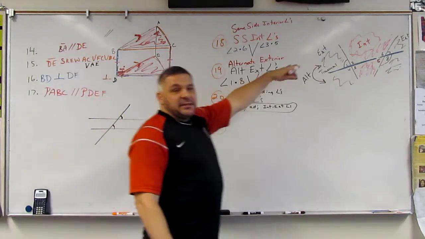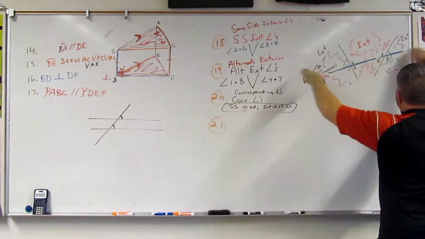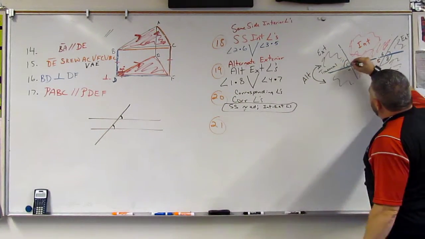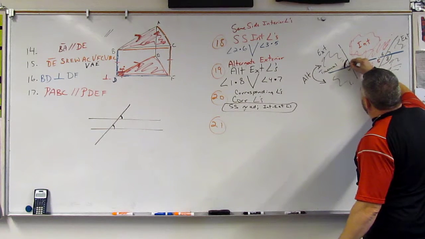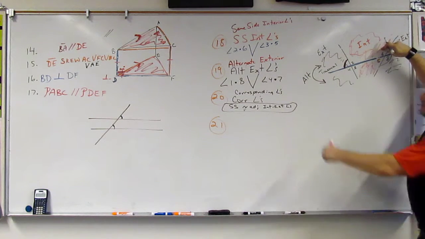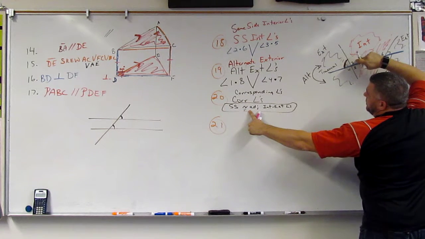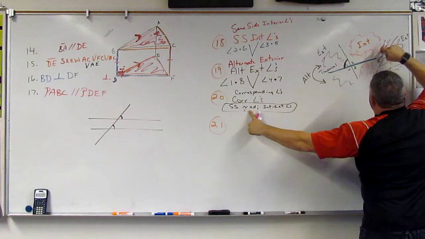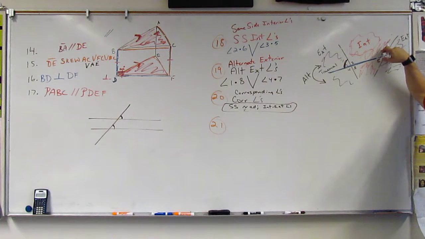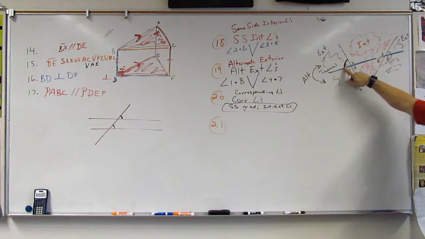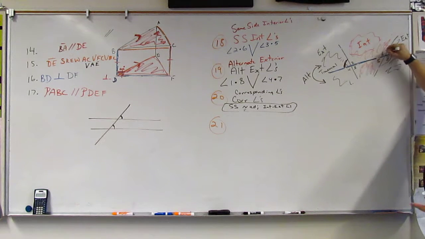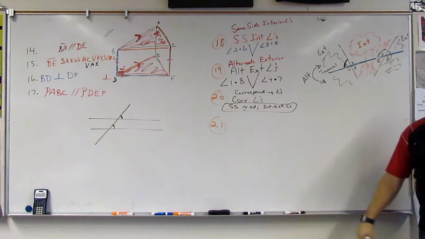Now in this case, the transversal goes this way, right? So if I'm going to be talking about this guy, number one, I need to be talking about on the same side, not adjacent, and if this is exterior, it has to be interior. There's only one more. Does that make sense? If I'm talking about number one, there's only one that's on the same side, not adjacent, and it's interior, and that would be 6.